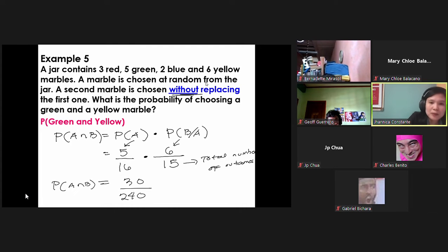So yan lang ang nababago when it comes to the dependent. You decrease depending on the number of chances that you created in your first event.